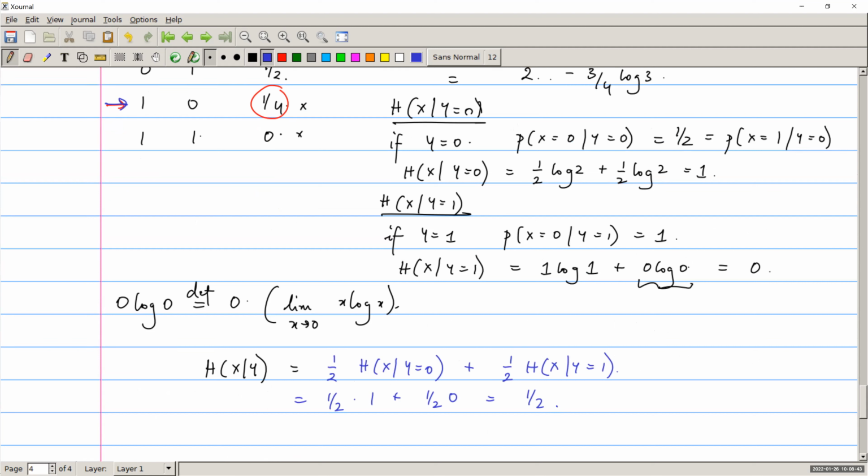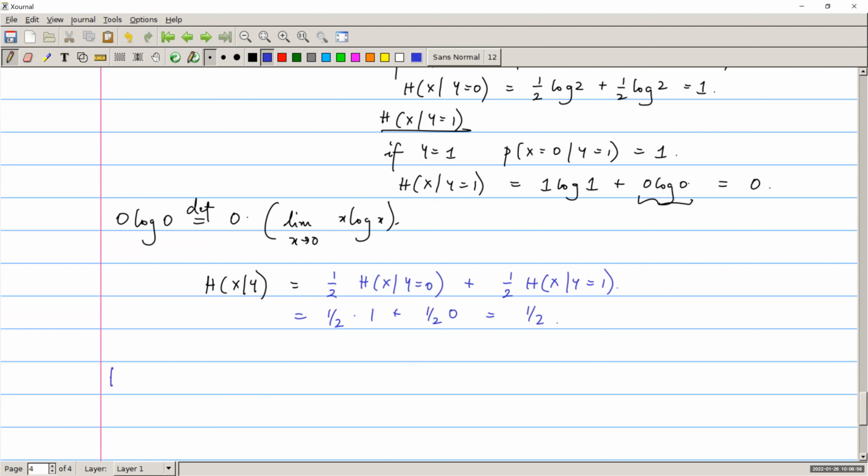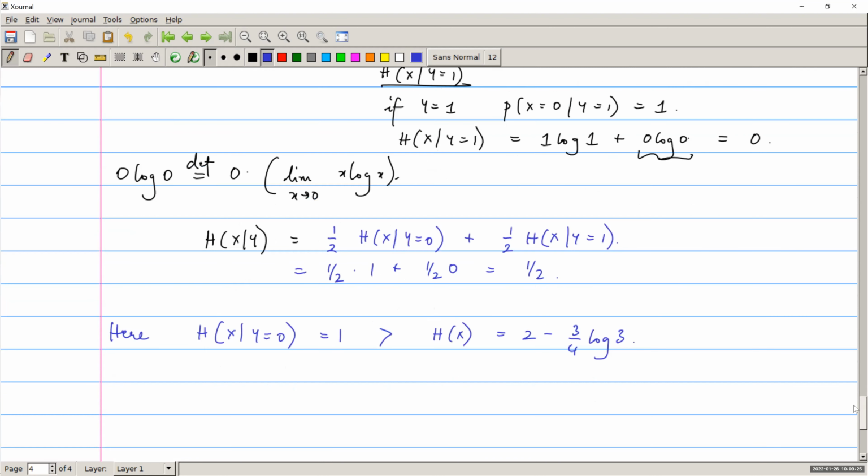So h of x given y will be less than or equal to h of x. But in this case, h of x given y equals 0 is actually greater than h of x, which is 2 minus log 3/4. The reason I know this is from a different argument, but you can compute this.